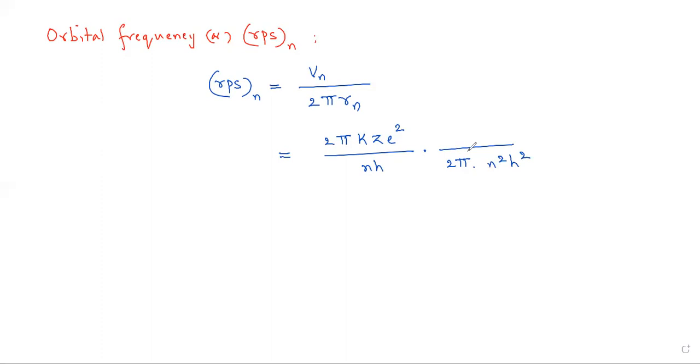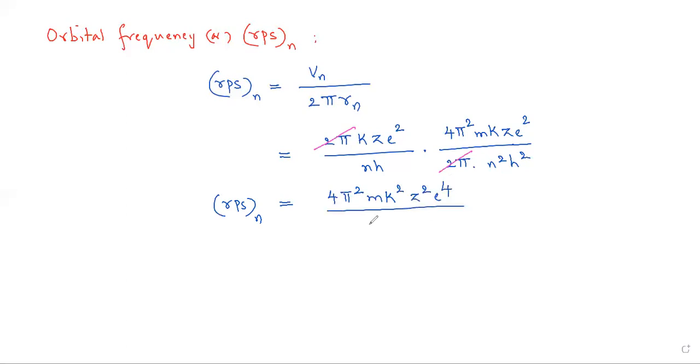Radius of nth orbit is n square h square by 4 pi square m k z e square. Cancel out 2 pi, 2 pi. So the final expression for revolutions per second in nth orbit is 4 pi square m k square z square e to the power 4 by n cube h.